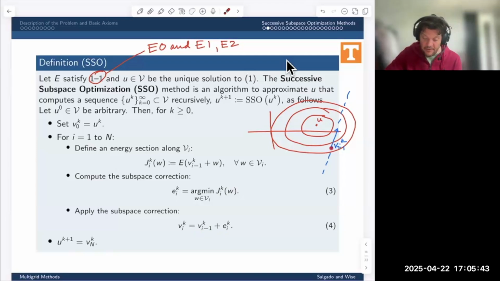Basically, if this was our previous point, and our correction E is along here somewhere, then the next point is going to be the corrected value, and that's going to give us VIK. Once we minimize that, I get VIK, and I continue on like this.